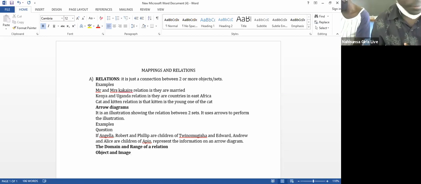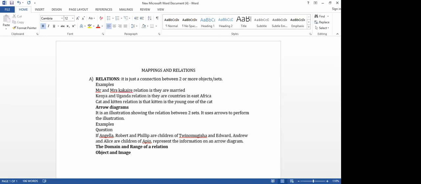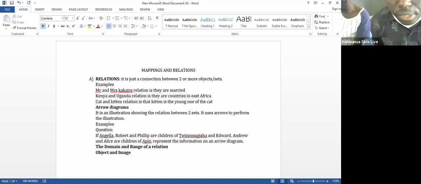Girls, are we fine? Yes, teacher. We are saying objects are the elements we find in the domain. Images are the elements we find in the range.